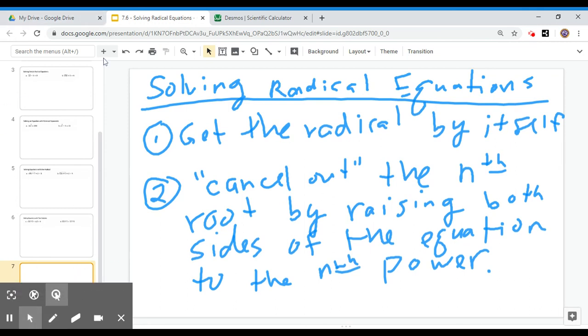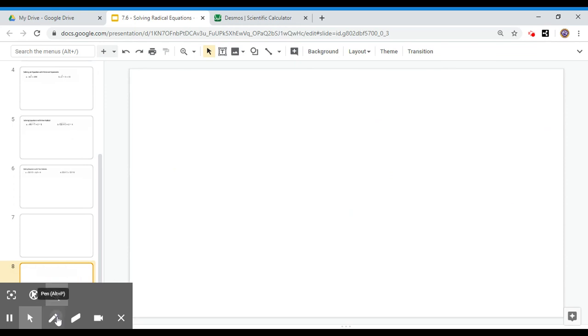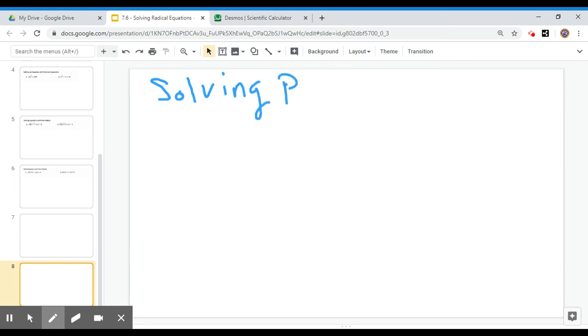So then, next thing we did here was we solved rational exponent equations.